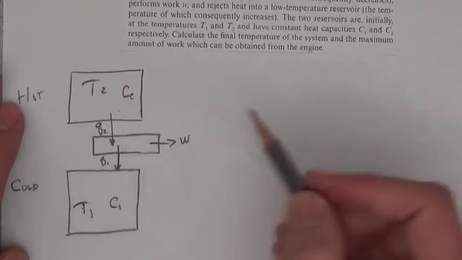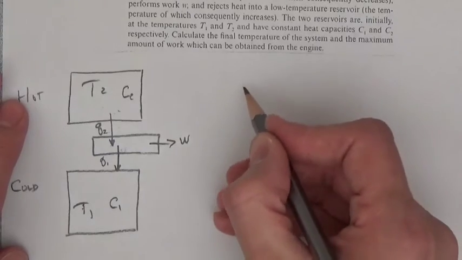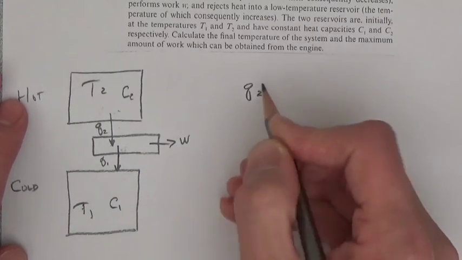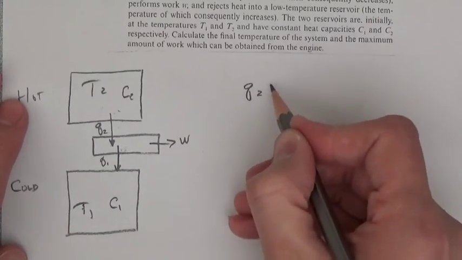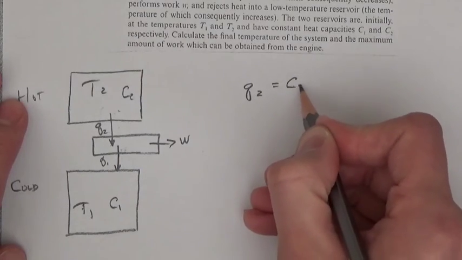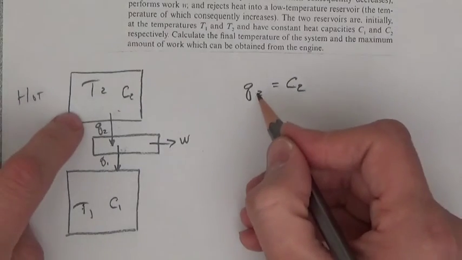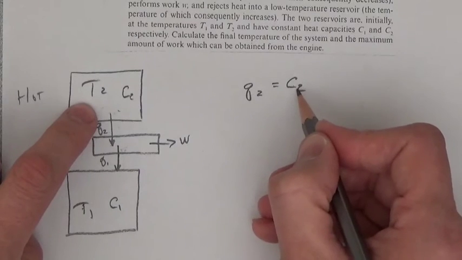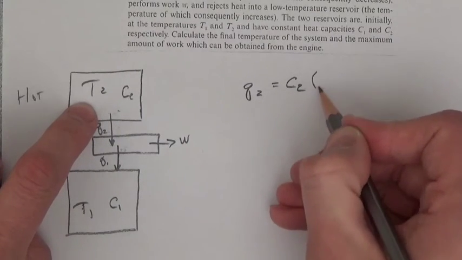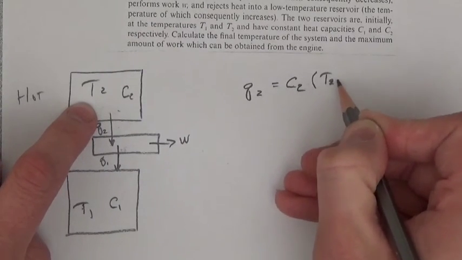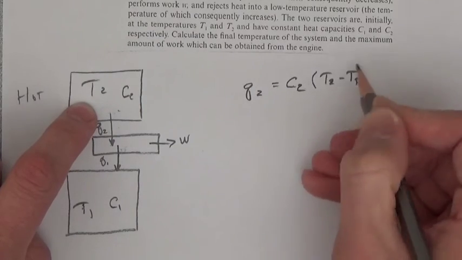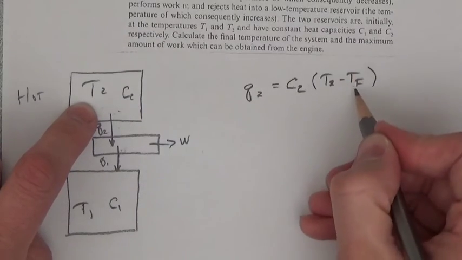So that means that we can write out that heat Q2 is equal to heat capacity, so this is the heat leaving the system, heat capacity of system 2, times T2 minus T, I'm calling TF, the final temperature.